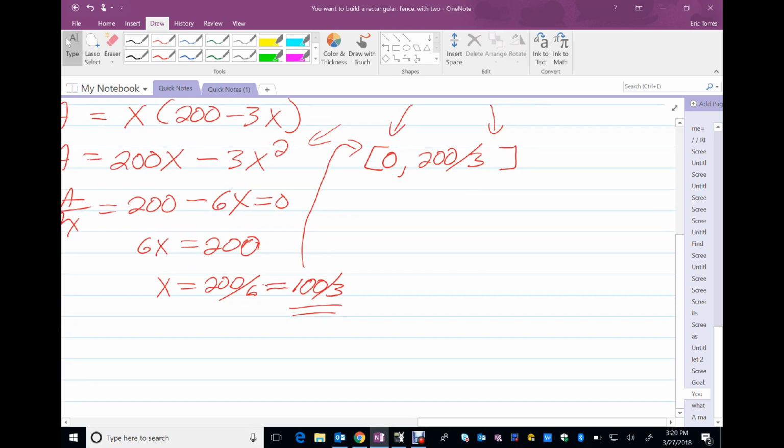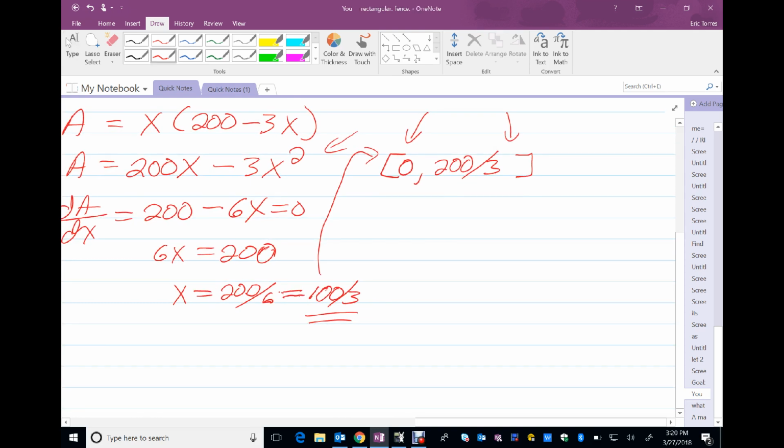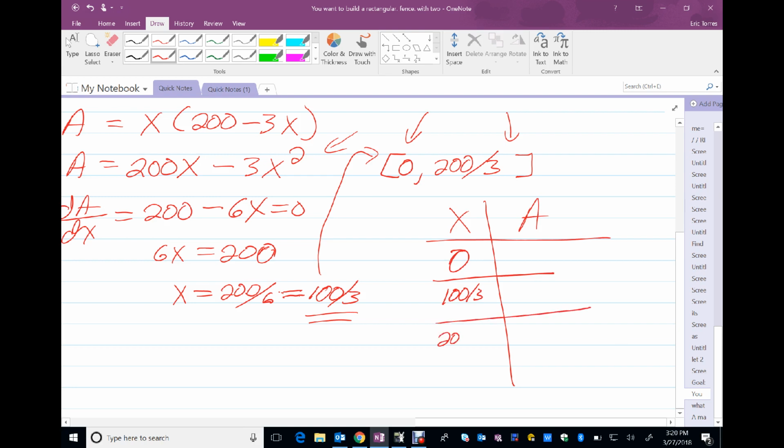This is guaranteed. So let's find out. I'm just going to use my calculator. X and area. I'm going to plug in 0, 100 over 3, my critical number, and 200 over 3, my other endpoint.